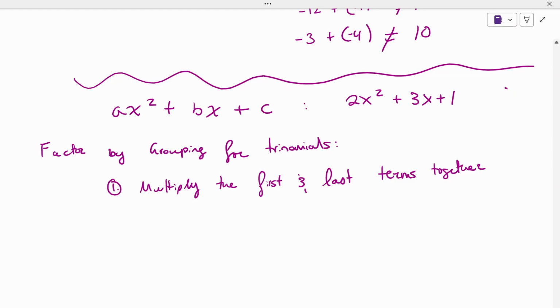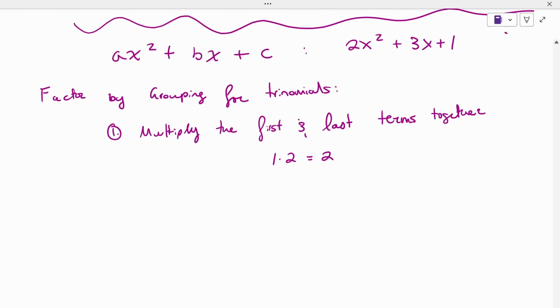So in this instance, we take 1, we multiply it with 2, and we find out what that happens to be. Step 2 is very similar to before. What we're going to do is find the factors of 2 such that it adds to the middle term.